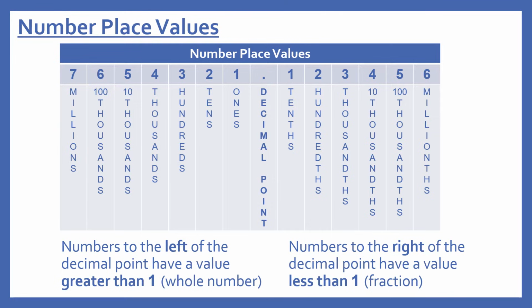And it just keeps going on that way. So as it goes to the right, it gets smaller. And then for the whole numbers, as it goes to the left, it's going to get larger. So from the decimal point to the left, we have the ones, tens, hundreds, thousands, 10,000s, 100,000s, and millions places. So that just hopefully explains that a little better.